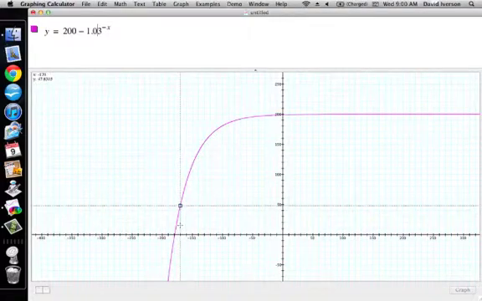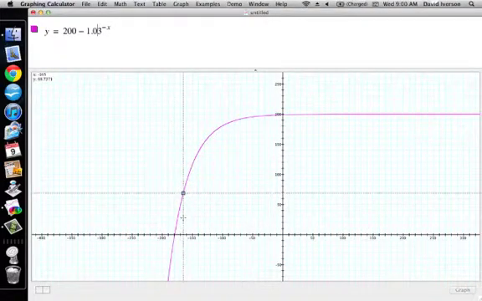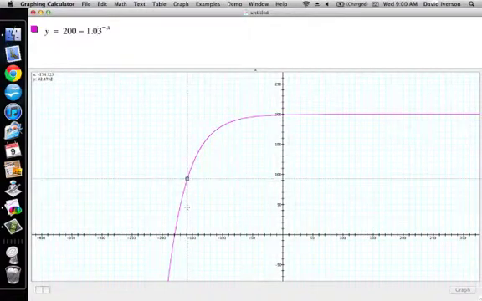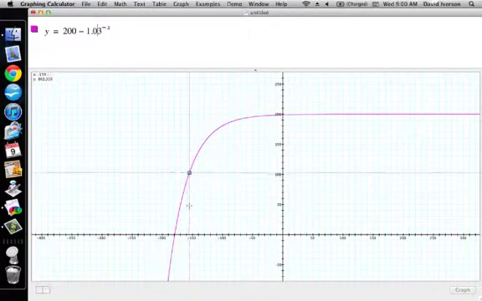As you go faster, wind resistance becomes more significant, and so there's less net force pulling you down, so you accelerate a little bit slower, but you're still accelerating.